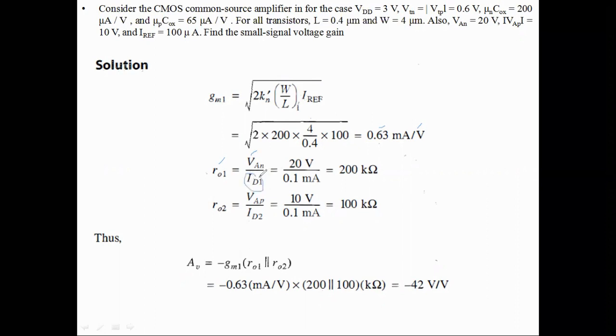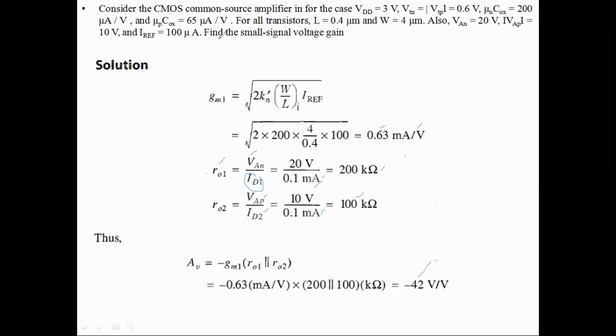ID1 is 100 microamperes, which can be written as 0.1 milliamperes, so that is equal to 200 kilo ohms. ro2 is VAp divided by ID2, 10 volts divided by 0.1 milliamperes, that is 100 kilo ohms. Finally, Av equals minus gm1 into ro1 parallel to ro2, and we get minus 42.